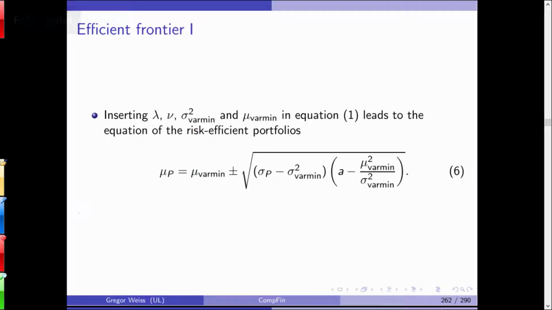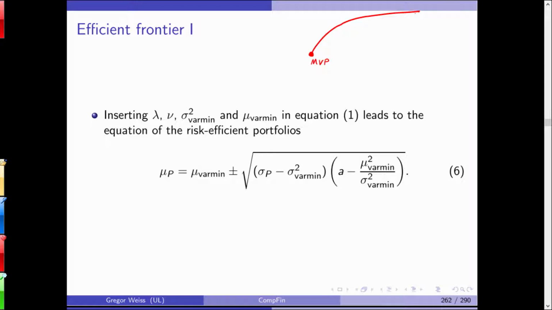If we now insert this in equation 1, you do remember that the minimum variance portfolio is the starting point of the efficient frontier. If you have the minimum variance portfolio, you can insert it in equation 1, and you get the following equation for all Pareto or risk efficient portfolios.